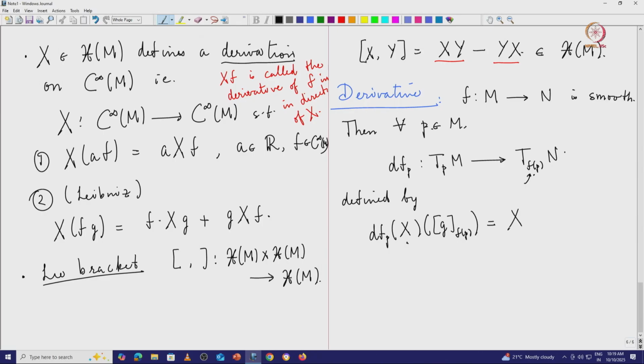The answer is just you apply X to g composed with f at p. So this guy is now going to lie in the set of germs at p, so you can take the derivative in the direction of X. Okay, so this is the definition of the derivative map.